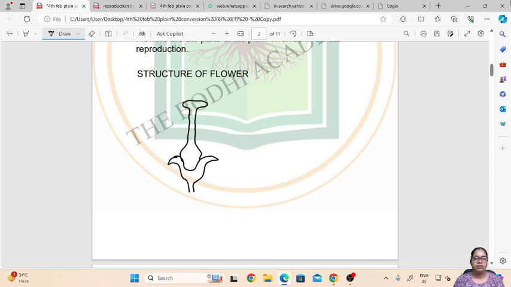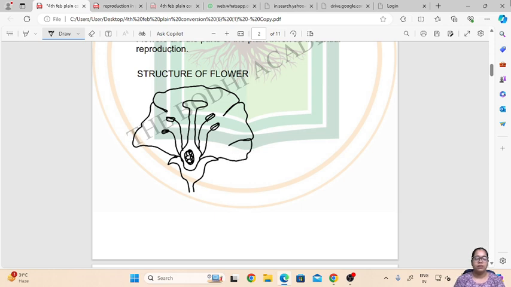Okay, so now I am drawing the structure of the flower.